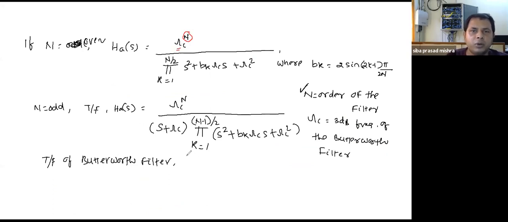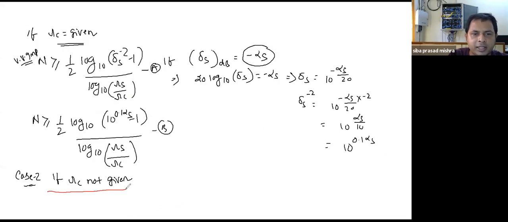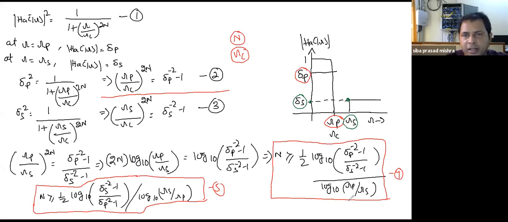Rest everything is known. Now, the order of the filter we know how to find, if omega c is given, and we also discussed the second case, if omega c is not given. Then how to find the value of omega c if it is not given?